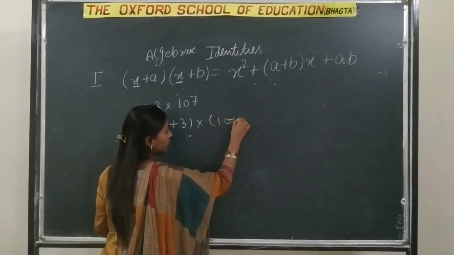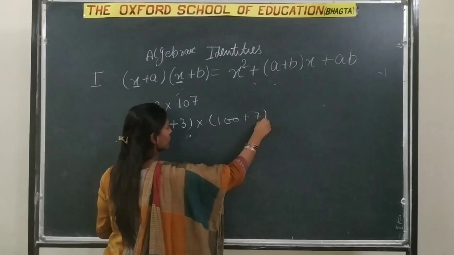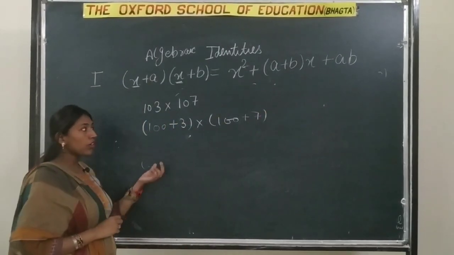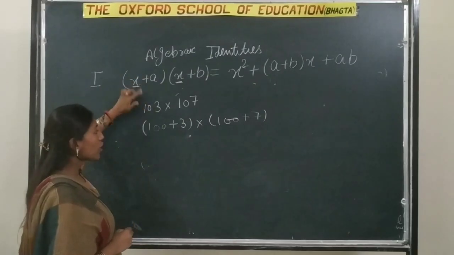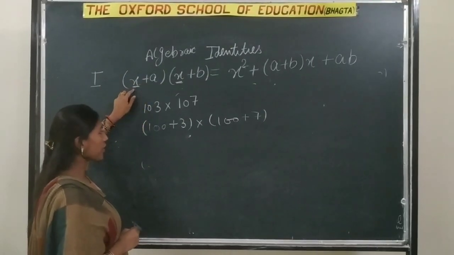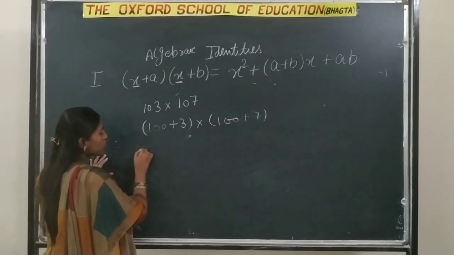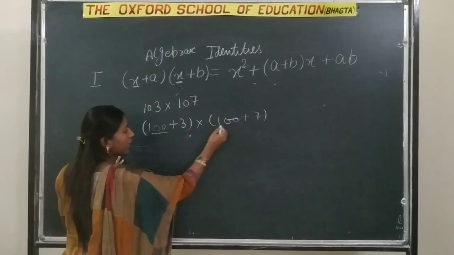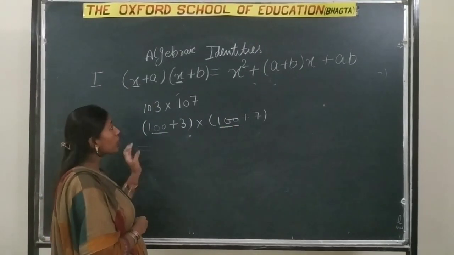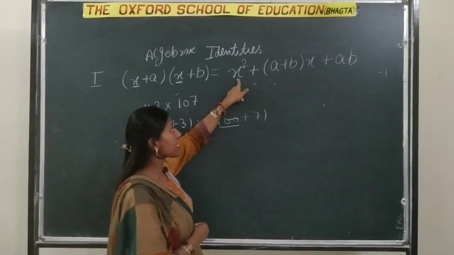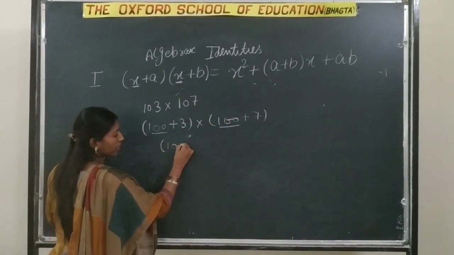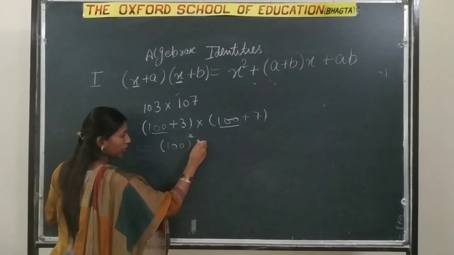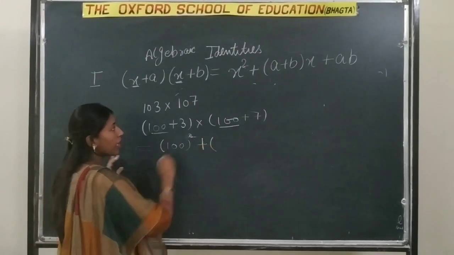Also this becomes, compare these two terms. So we can apply this identity here. So here 100 and 100 are equal. So what does the identity say? Identity says x², that means the first term squared, that means 100 square, plus a.